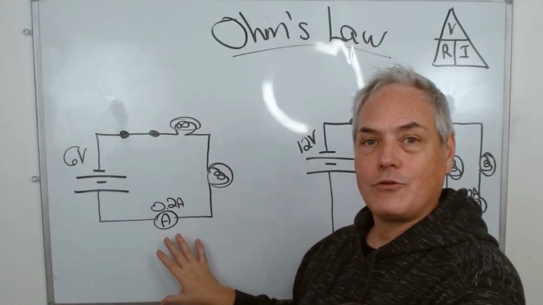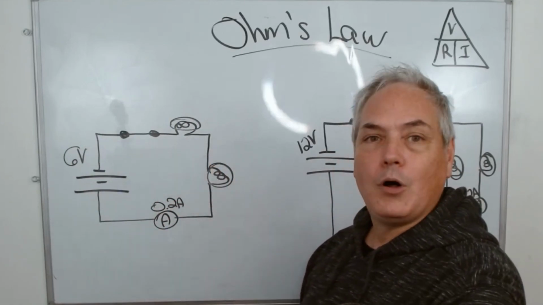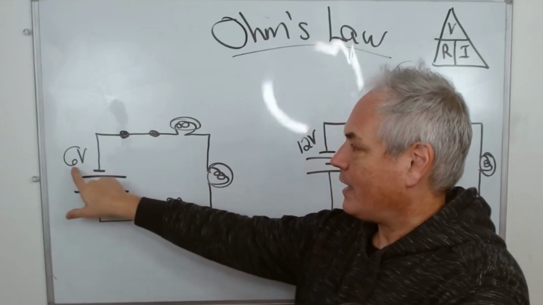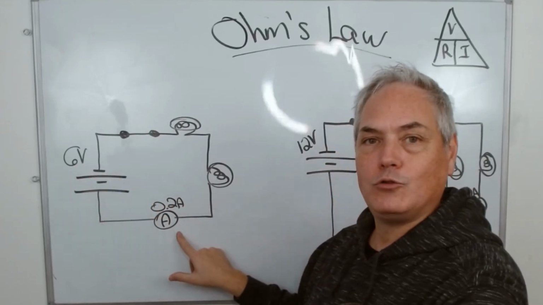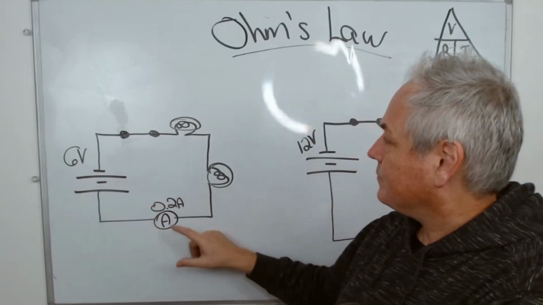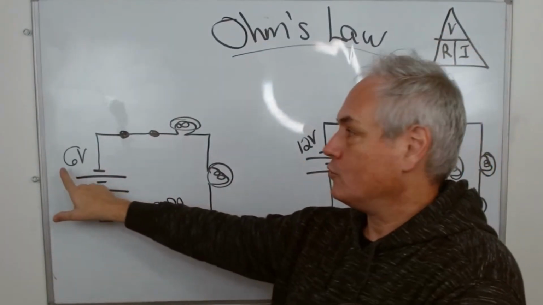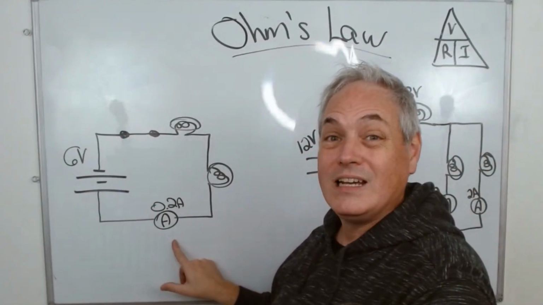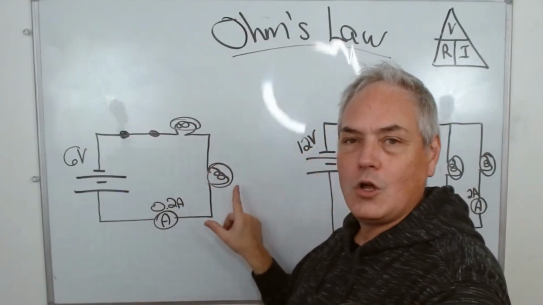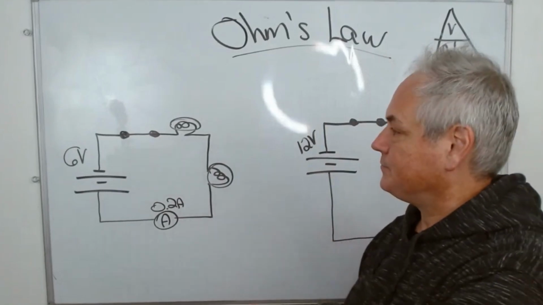So having this information, what can I say about these 2 bulbs? Some of you would say, well, I have 6 here, I have 0.2 there. I'm looking for resistance, so why don't I do 6 divided by 0.2? The question here is I want to know what is going on at each of the bulbs. So let's see what we've got.